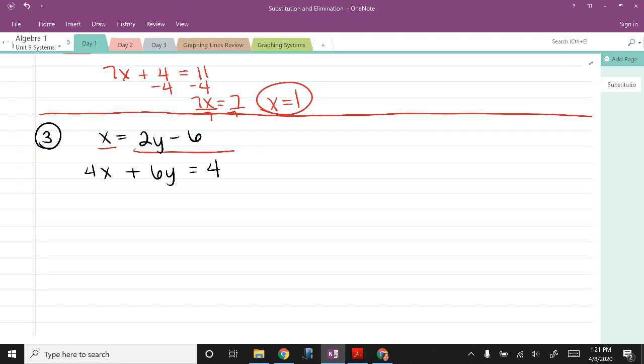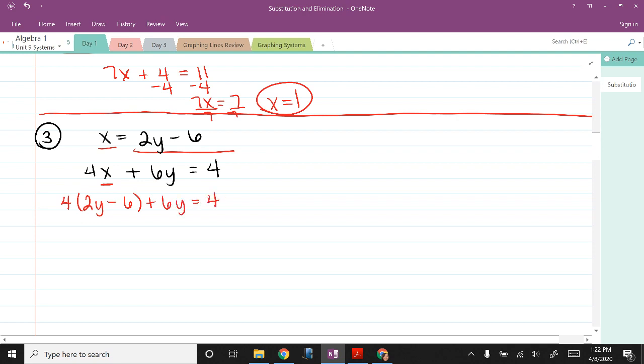So in this second equation, here's x. So instead of writing x there, I can use parentheses and substitute 2y minus 6. So that's what I'm going to do. I'm going to copy everything else the same. So I'm going to say 4, and instead of writing x, I'm going to do parentheses 2y minus 6, and close my parentheses, and then I'm going to copy everything exactly like it said in that second equation.